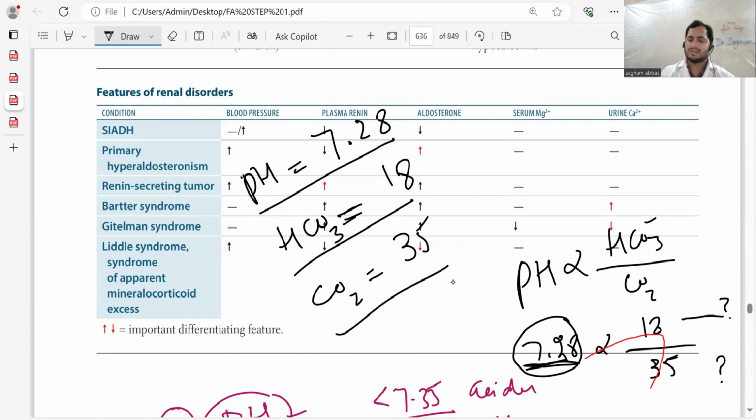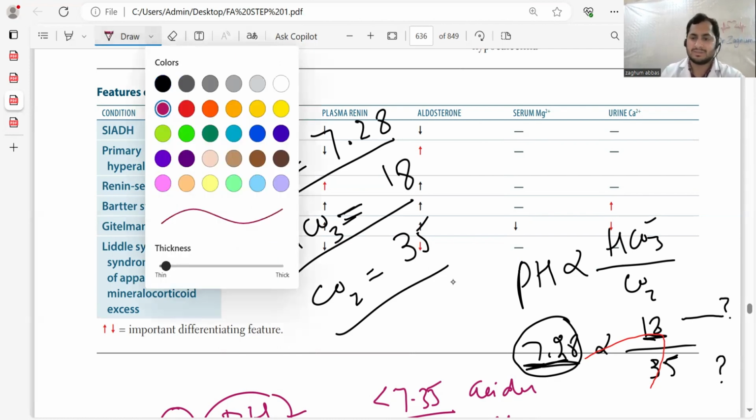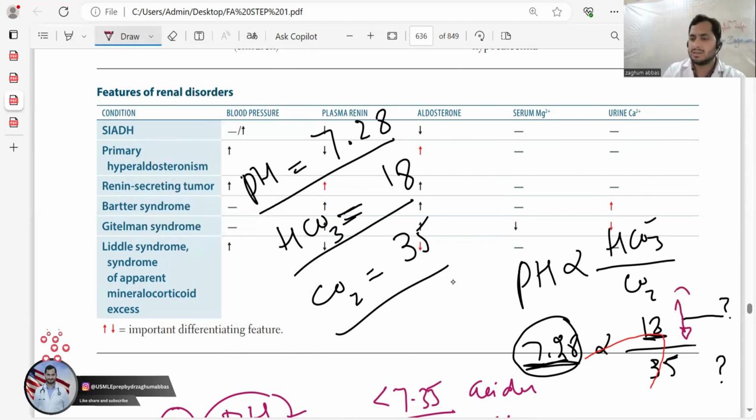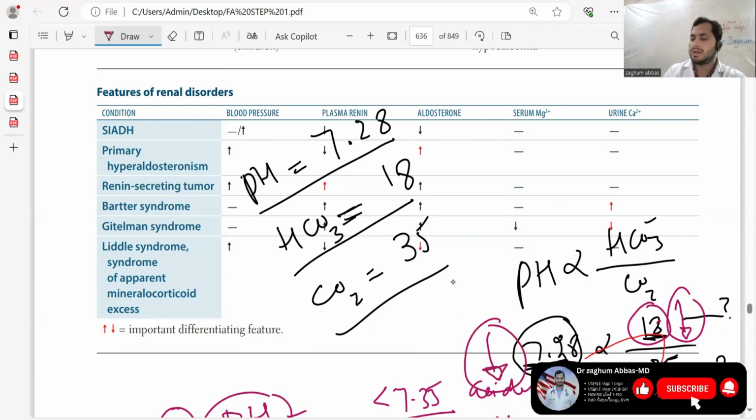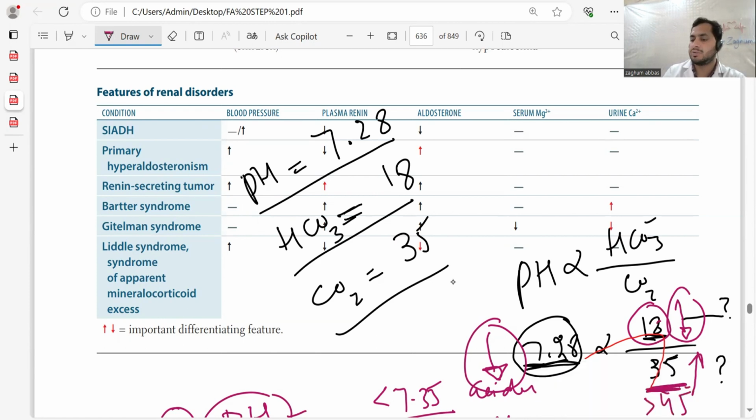If acidemia is due to bicarbonate, bicarbonate should be decreased. That is the case: bicarbonate is decreased from the normal level of 22 to 26. Then if that acidemia is due to carbon dioxide level, because pH should be decreased, your carbon dioxide level should be increased. It should be more than 45 to cause that.